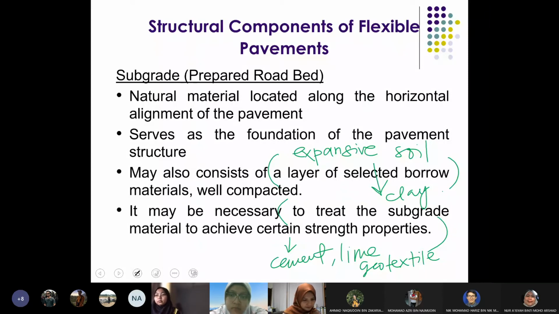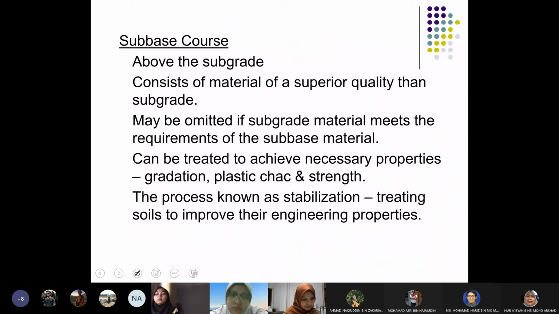Okay, then we have the subgrade course. This is above the subgrade. So the subgrade is at the very bottom. This is the subgrade. It sits above the subgrade. Consists of material of superior quality. It must be better in strength. Now we look at the CBR value. JKR says each of these must pass a minimum CBR value, California Bearing Ratio value.